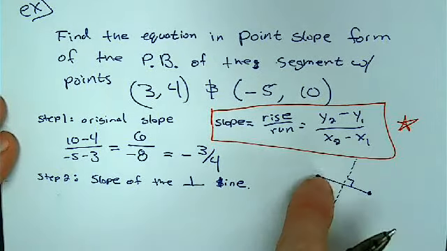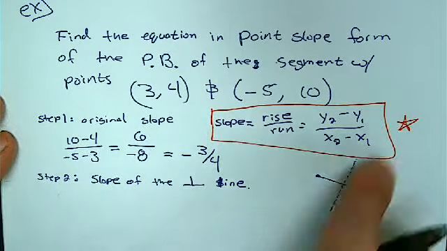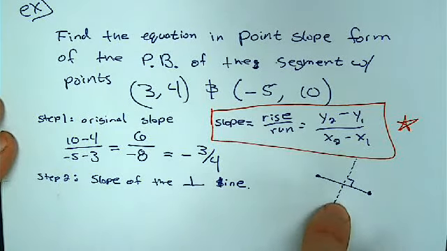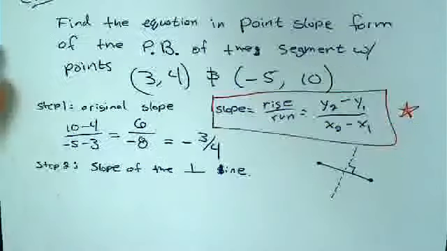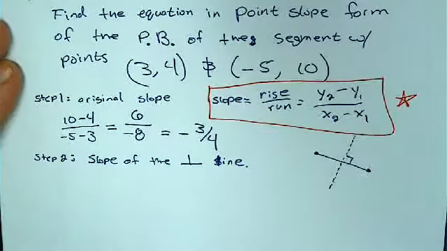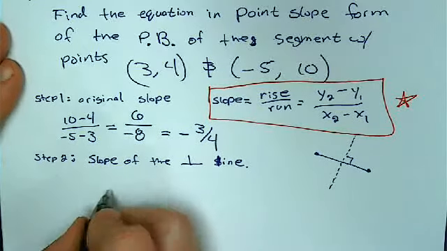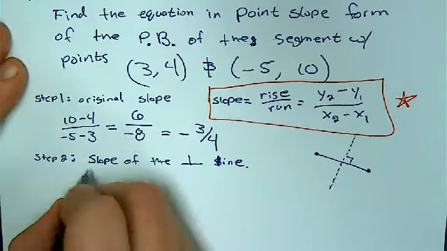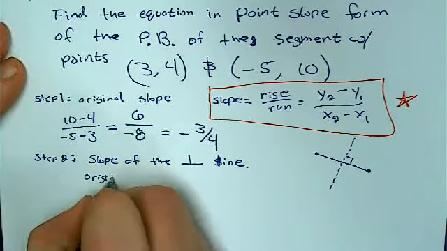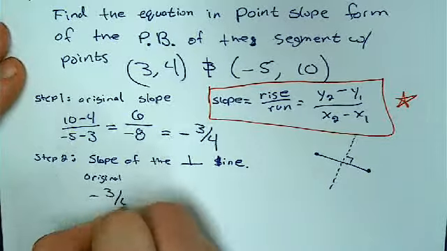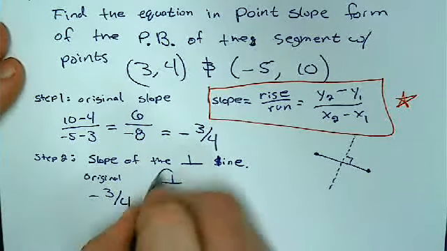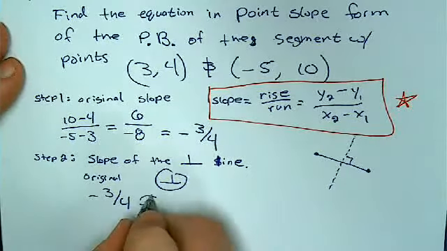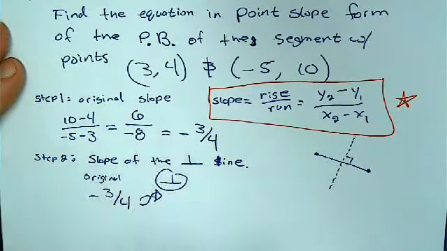Well, if this line has a slope of negative 3/4, what's the slope of a line that's perpendicular to it? Close. It's not negative 4/3. It's 4/3. Yeah, if the original is negative 3/4, then for the perpendicular, let's flip it around.